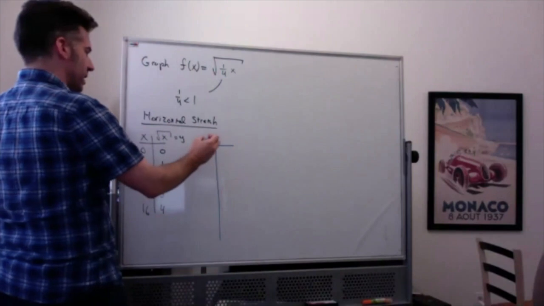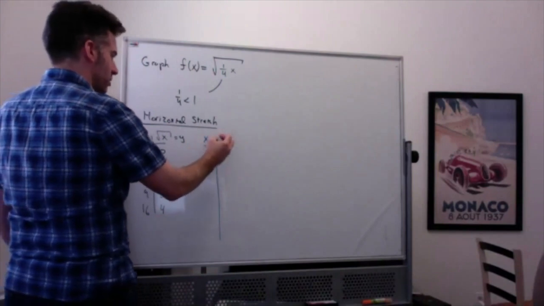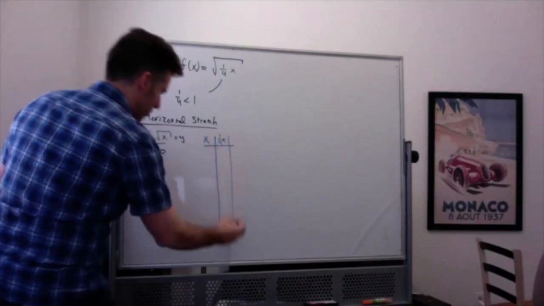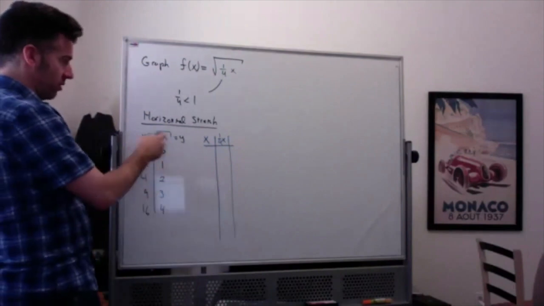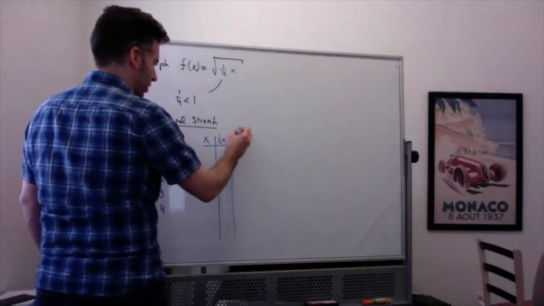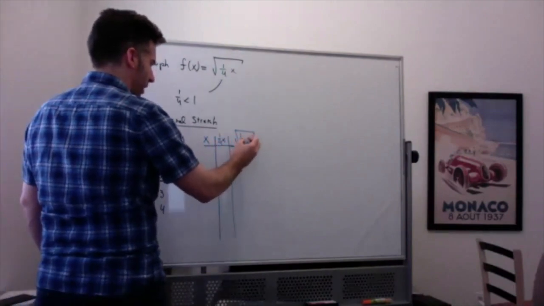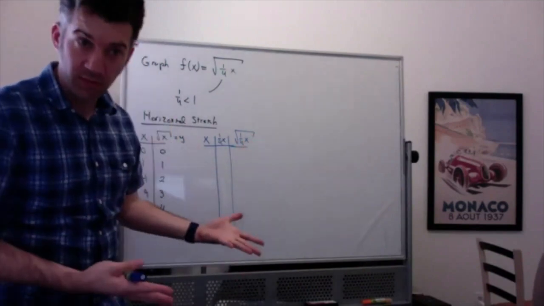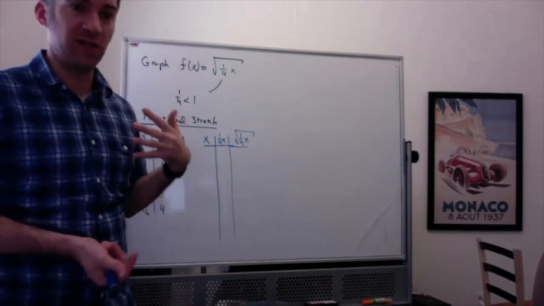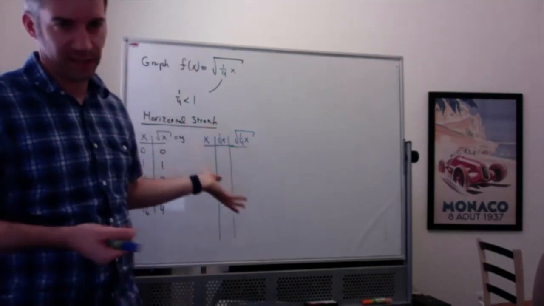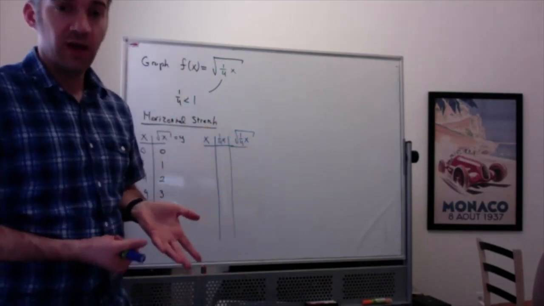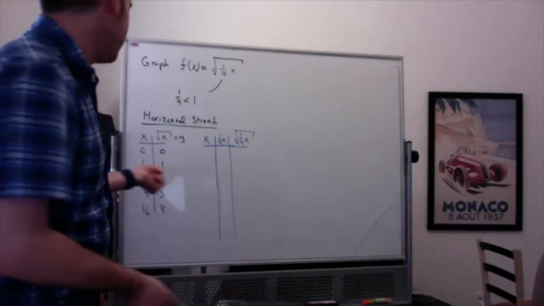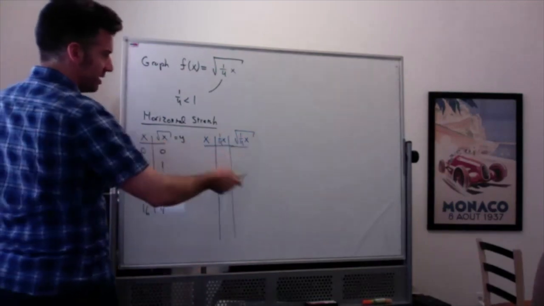Now, instead of plotting points for the square root of x, I'm plotting points for the square root of 1/4 x. Although we are able to pick any points for x we want as long as we're in the domain, so here x has to be greater than or equal to 0, we're going to try and pick points that are easy. I want to still pick points that are easy to take the square root of.